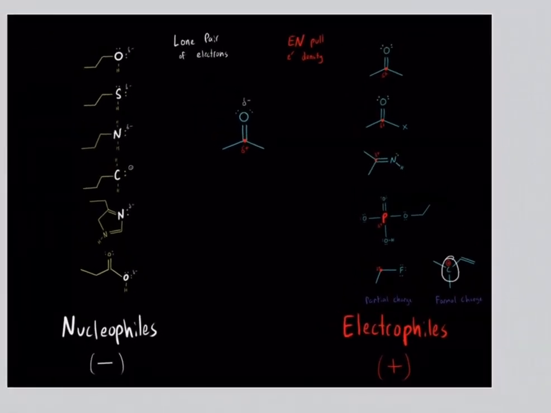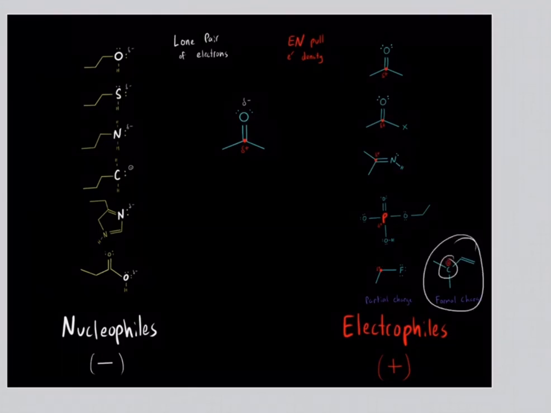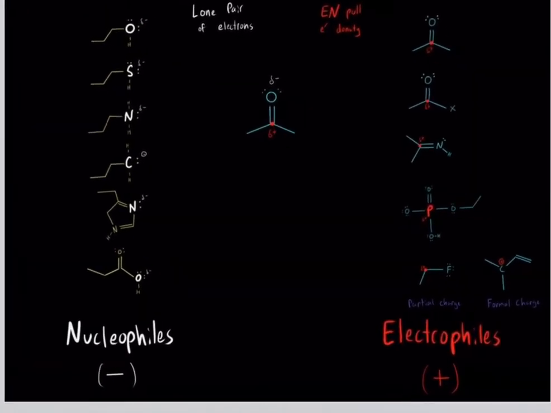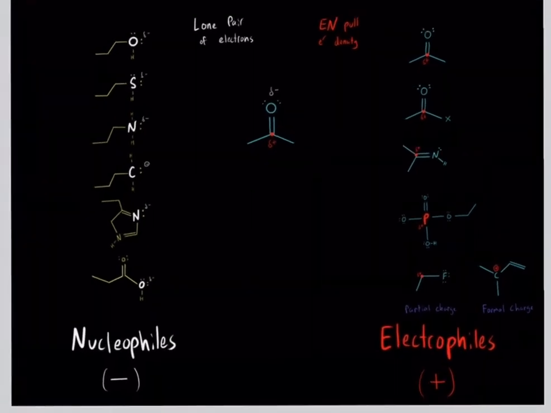So formal charges are stronger than partial charges. So this guy with this formal charge is the strongest electrophile, and these would be weaker electrophiles. So that's the common theme with electrophiles: either formal positive charges or partial positive charges.